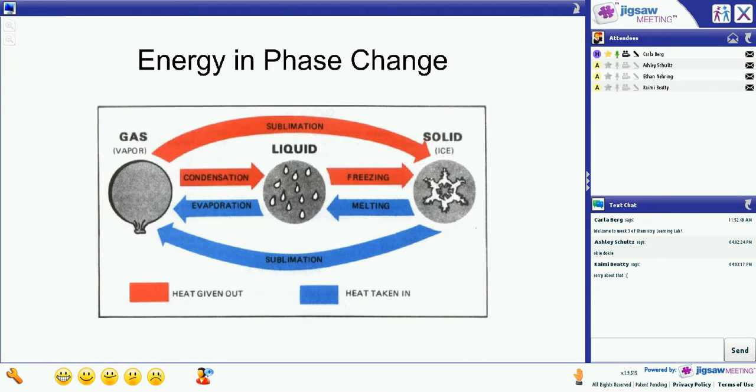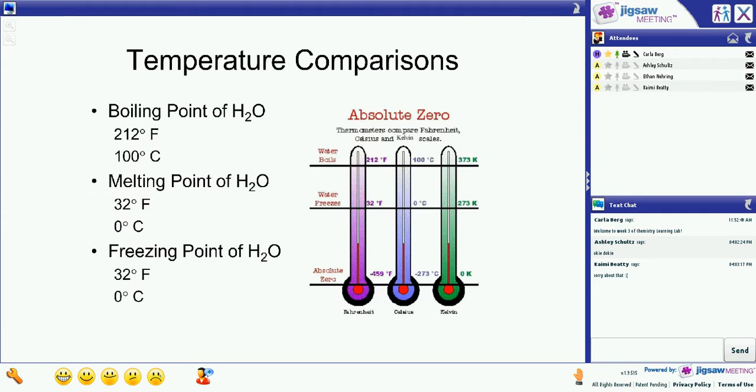When heat is taken in from a liquid, what phase is formed? Awesome, great job. Good job, you guys seem to get this.